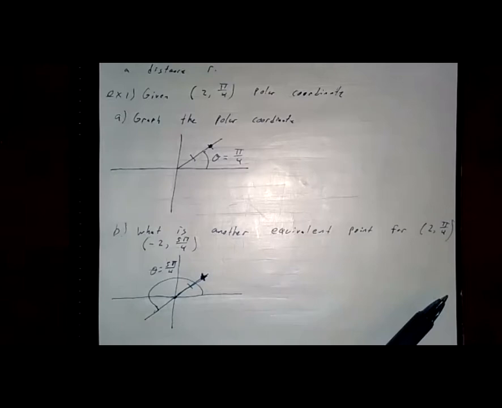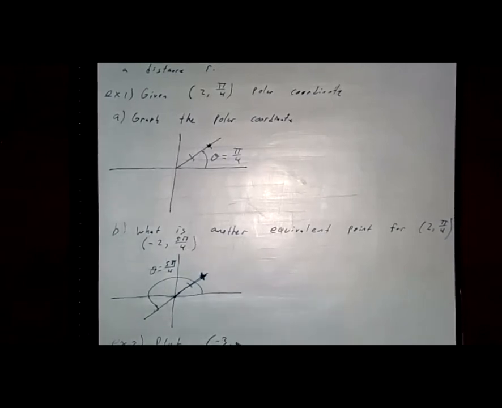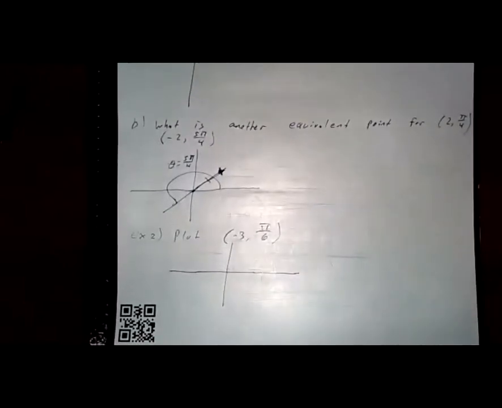Okay. Let's do another one, just a quick one here, just in case we are still not seeing it. So plot, well, let's say -3 comma pi 6. In degrees, what is pi 6? 30 degrees.